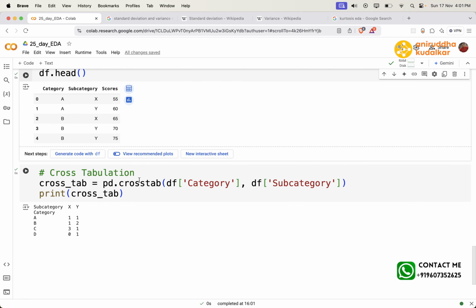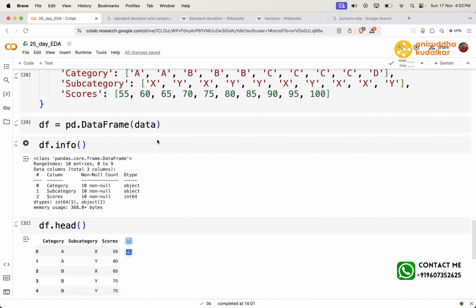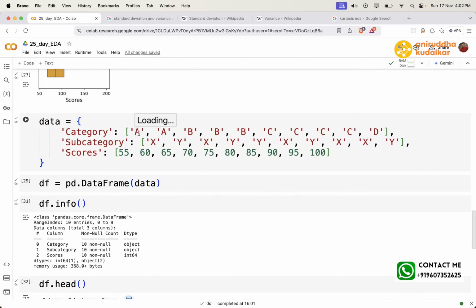Now crosstab is one of the functions in pandas, applied on this column and this column. Can you see? Category, subcategory. Here is the subcategory X, Y and then A, B, C, D. If you see, A is available in the category and the subcategory.